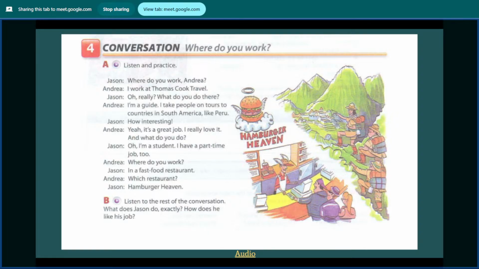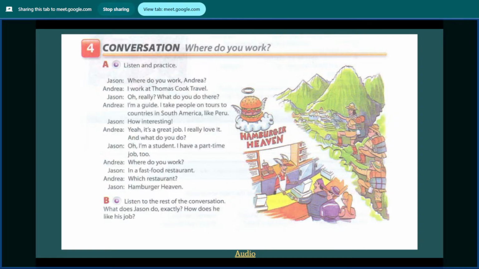How interesting. Yes, it is a great job. I really love it. And what do you do? Oh, I'm a student. I have a part-time job too. Where do you work? In a fast food restaurant. Which restaurant? Hamburger Heaven. Very good.